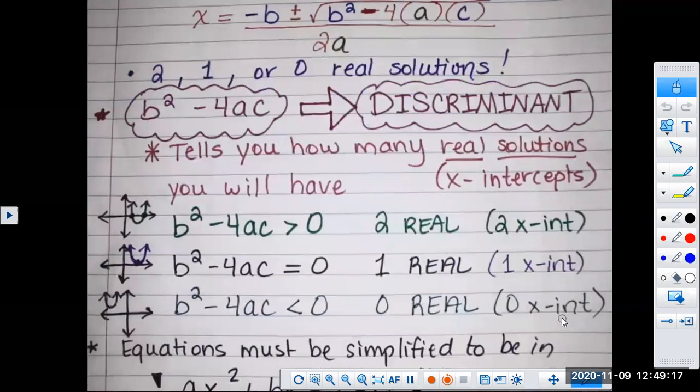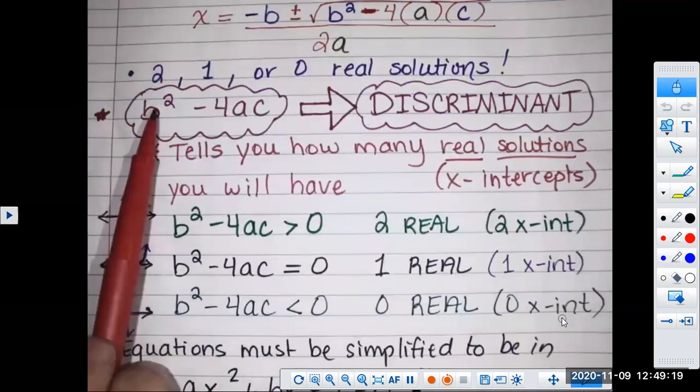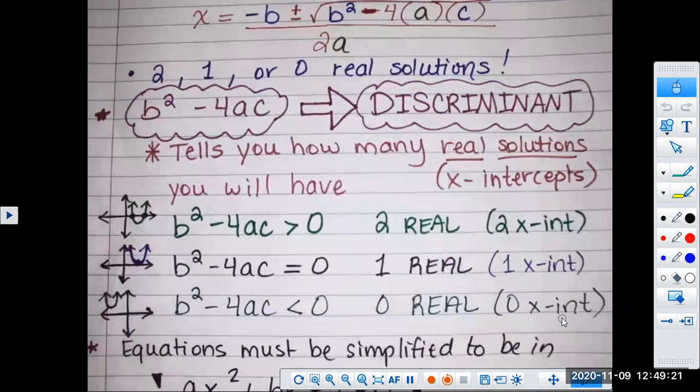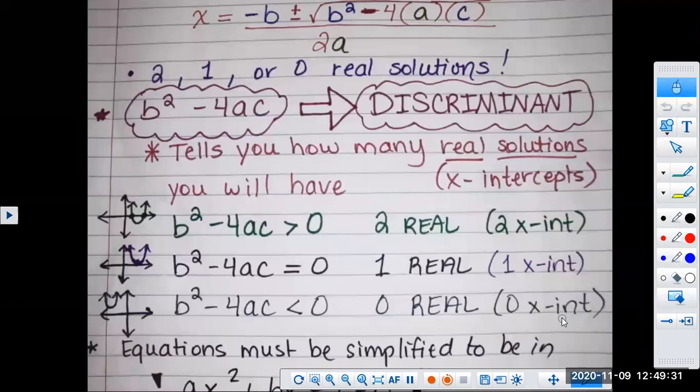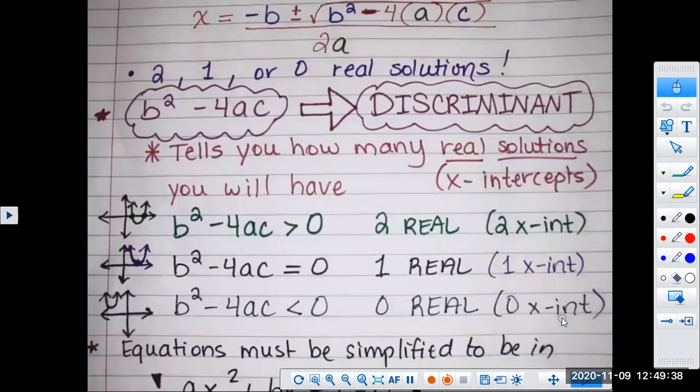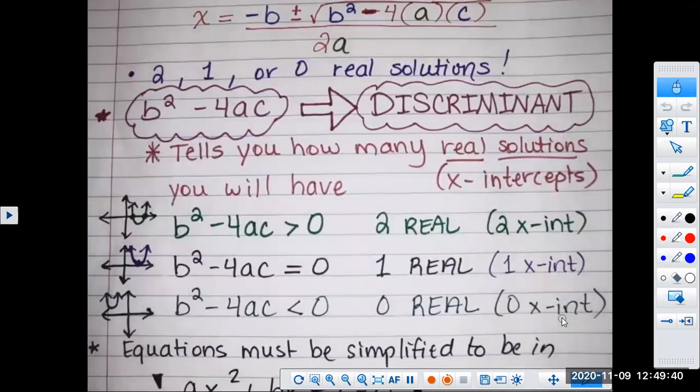This is very important. I see this type of question involving the discriminant on the ACT. Of course, we always talk about the quadratic formula, it seems like every year, but what we don't discuss a lot is the discriminant. All the discriminant value is simply your b squared minus 4ac part.